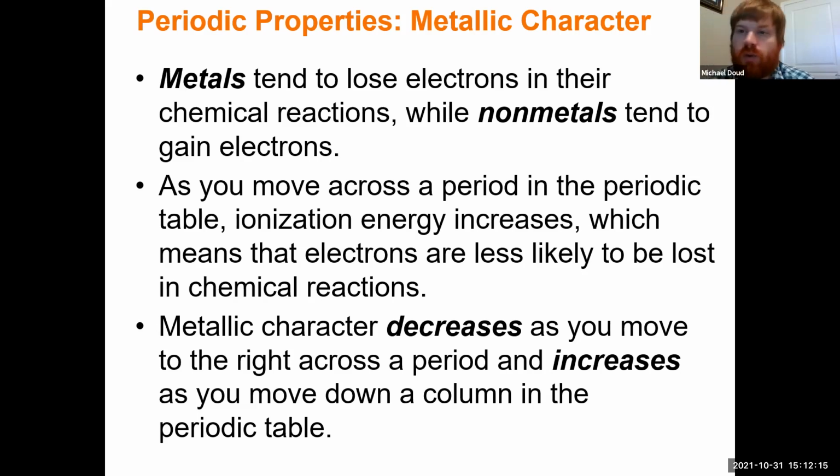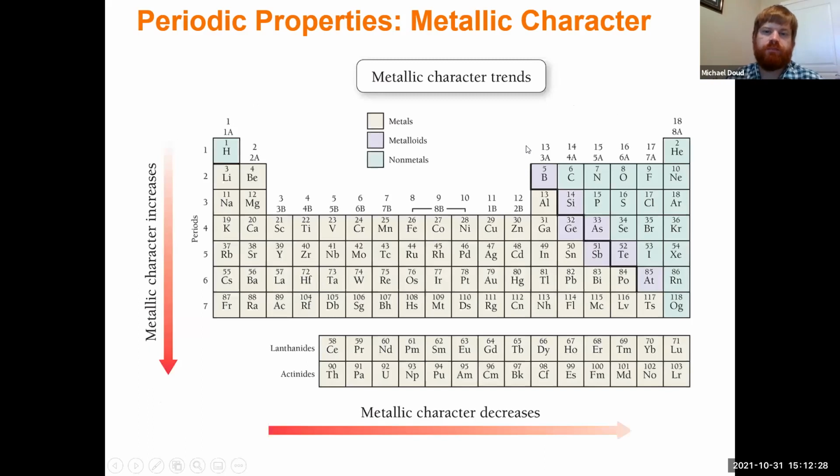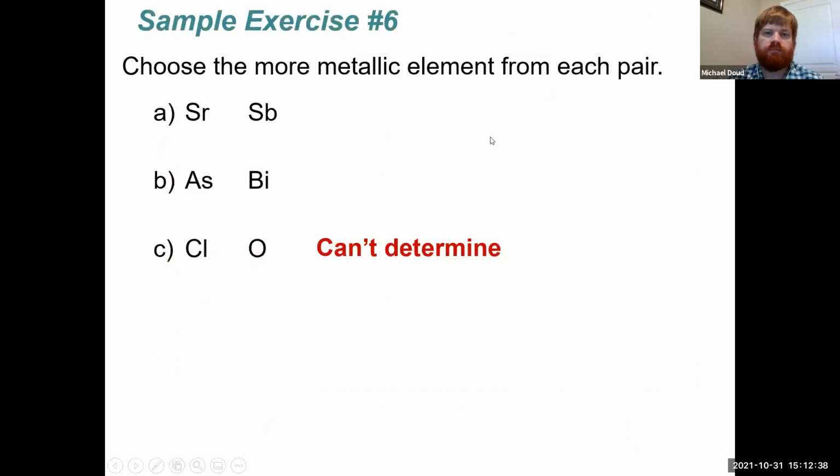Group 4A starts with carbon at the top, classic nonmetal. And then at the bottom, we get to tin and lead, which of course are metals. So clearly, metallic character is increasing as we go down a group. So that brings us to this trend here again. Metallic character increases going down a group, and metallic character decreases going left to right across the periodic table.